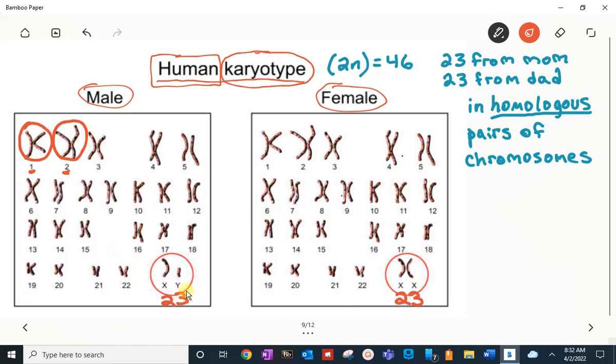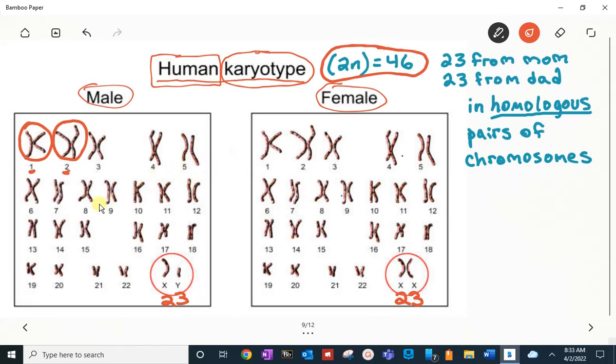So see, we have 23 chromosomes, but there are 23 pairs of chromosomes, which is what gives us 46 total chromosomes, because we have 23 chromosomes from mom and 23 chromosomes from dad.